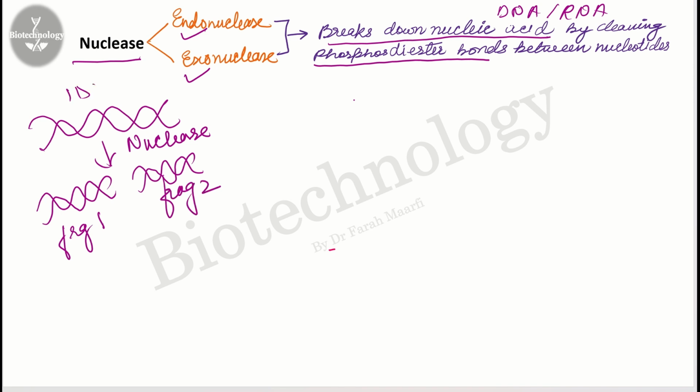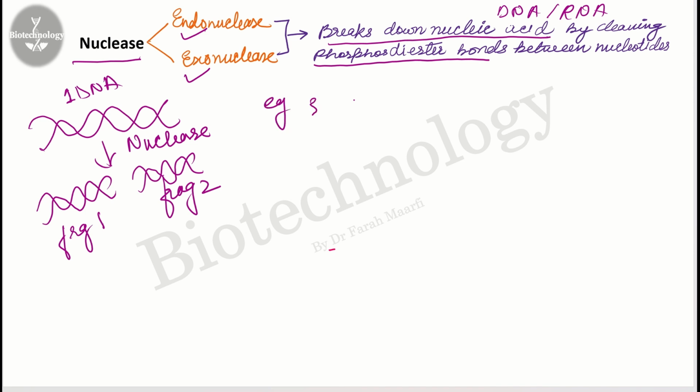It's a single DNA, and after treating it with nucleases, you get two fragments of a single DNA. So how is it cutting it into two fragments? By chopping it down, by targeting its phosphodiester bond. Where is it present? It is present in between the two nucleotides.